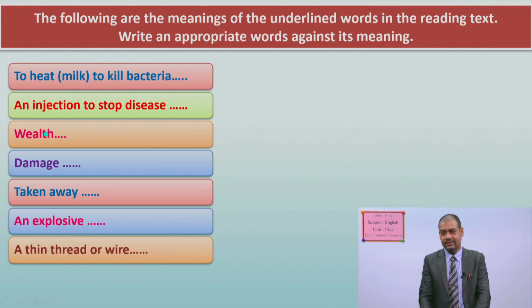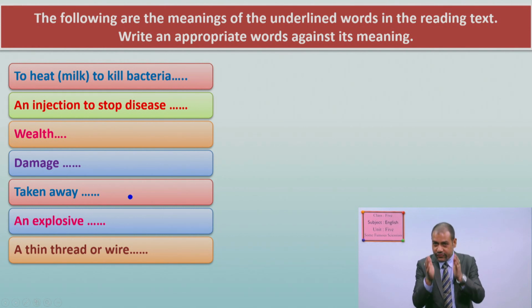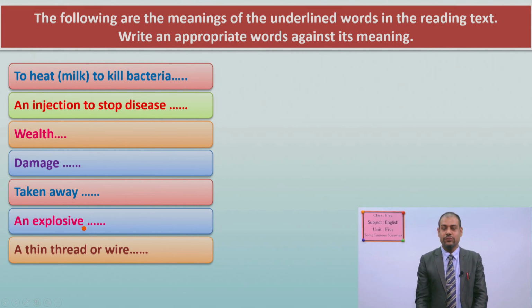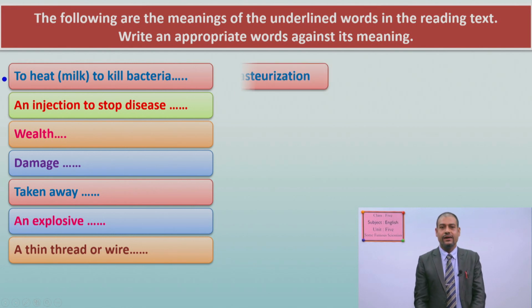Another, wealth. We have just discussed it. Damage, we have just discussed it. Taken away, see, there is no air in the filament, okay? And explosive, we have talked about, that causes destruction. Another, a thin thread or wire that we can find in the bulb. So your answers for these meanings should be, look, pasteurization, to heat milk to kill bacteria, pasteurization.